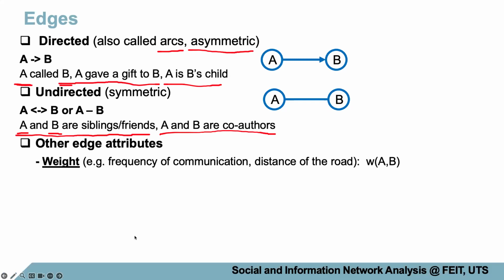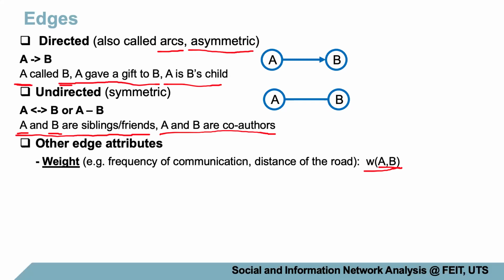There are also other attributes to describe the edge. One is the weight. The weight of an edge, we use W to represent the weight of edge AB.